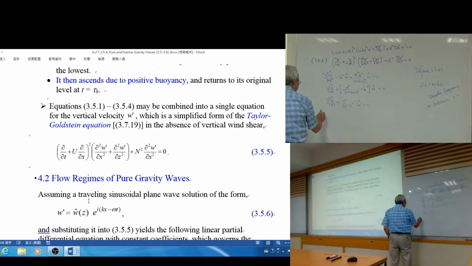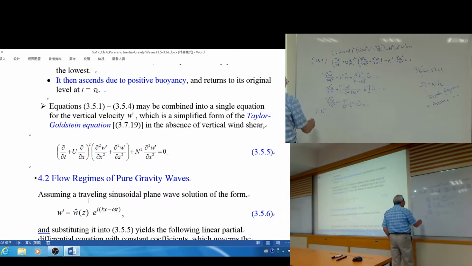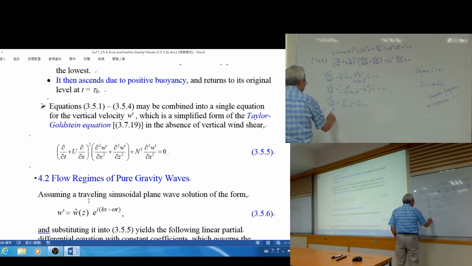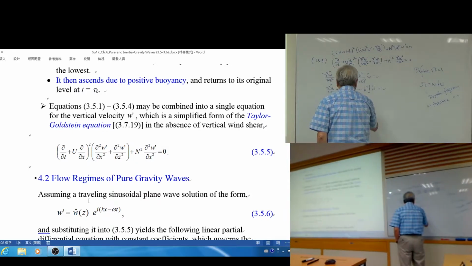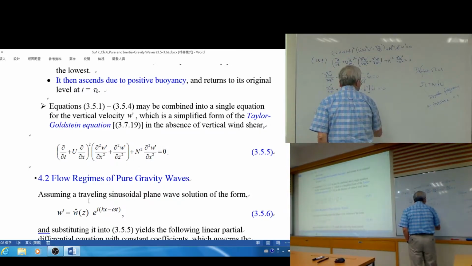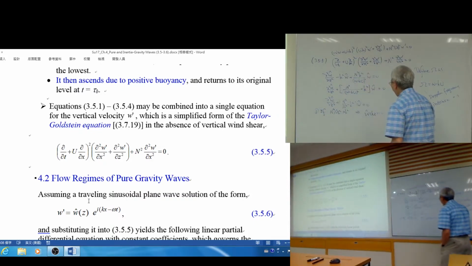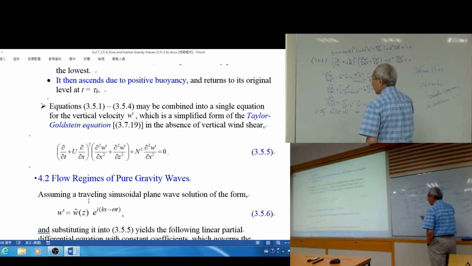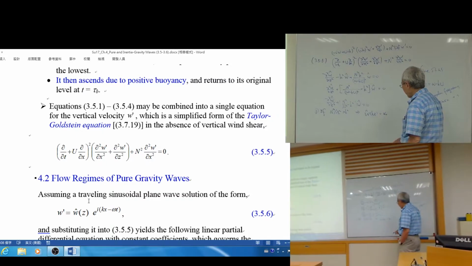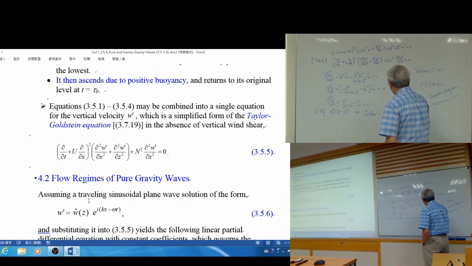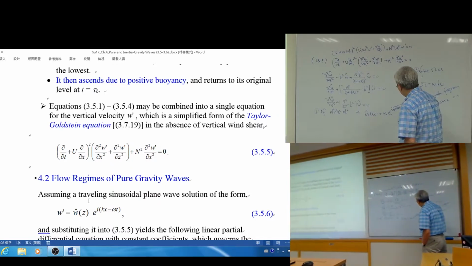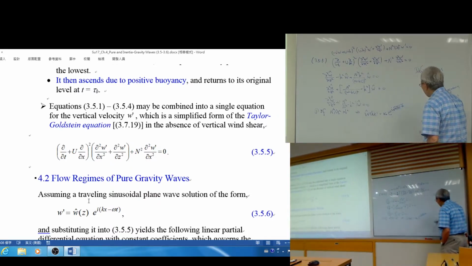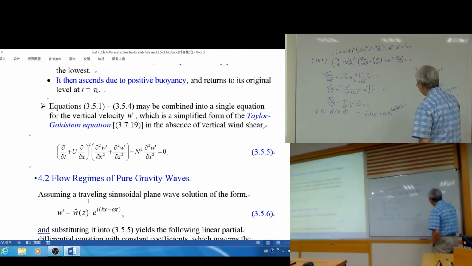So for case one, if N squared over Omega squared is greater than k squared, then we have w hat of k, z equals w0 (I don't know the symbol there, but say we call it W0) times e to the i times the square root of N squared over Omega squared minus k squared, times z. This z is outside the square root.